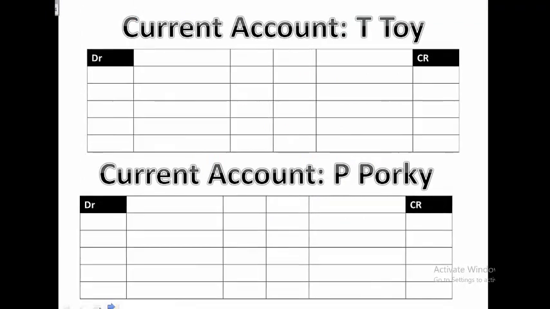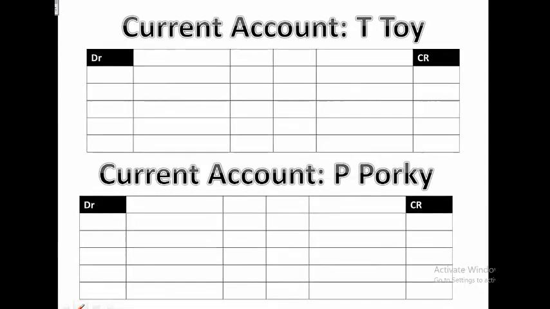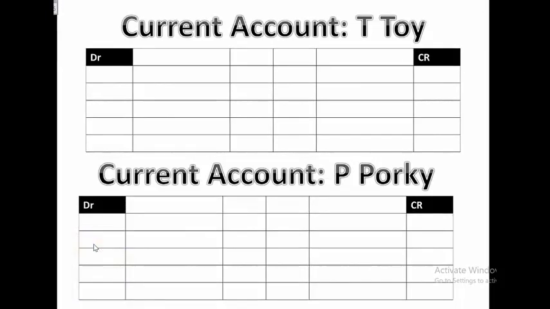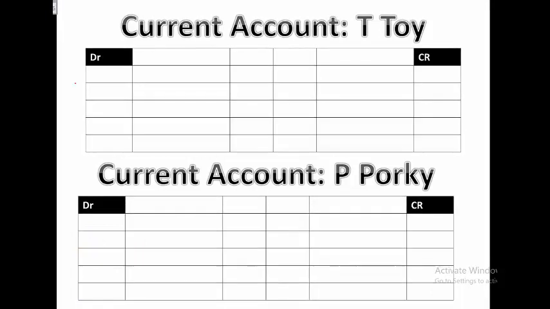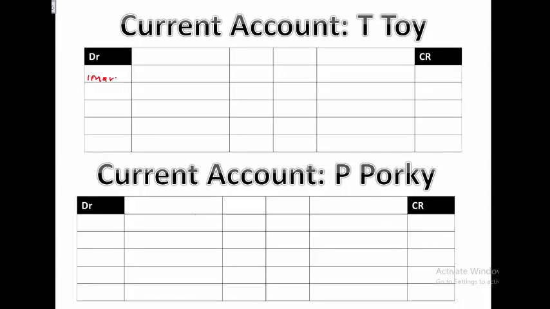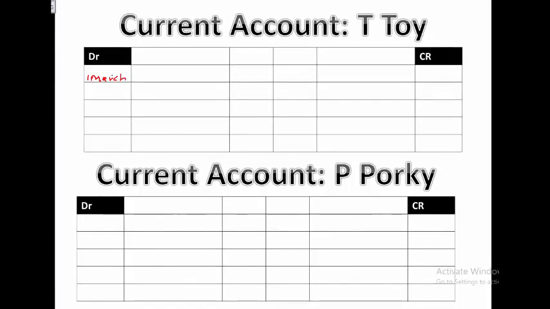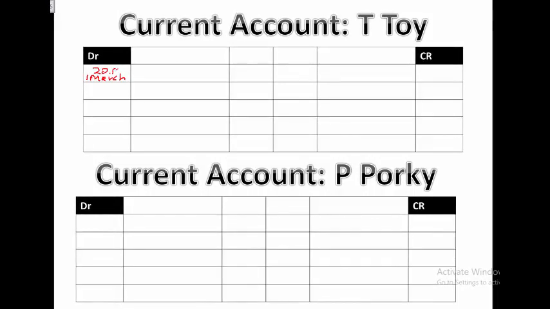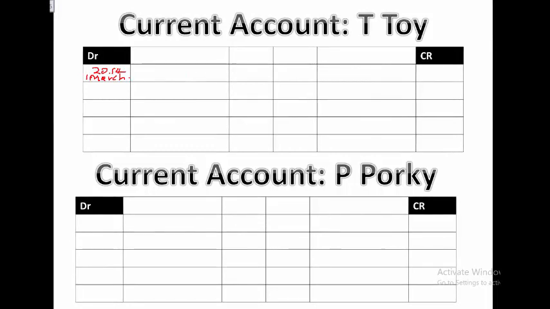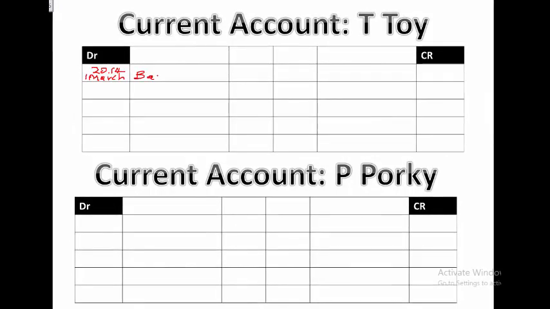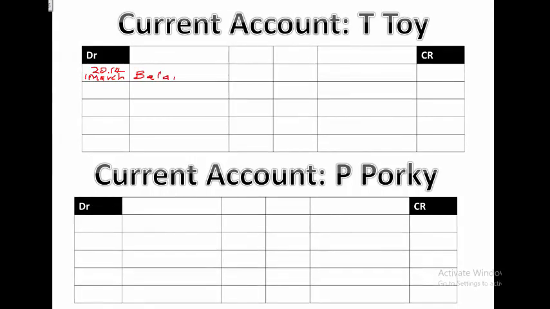Now we are going to start off by inserting the date. So let's do that. For the date, we have the 1st of March 2014. So we have a balance right there, like we read, it's 500, and 600 respectively.